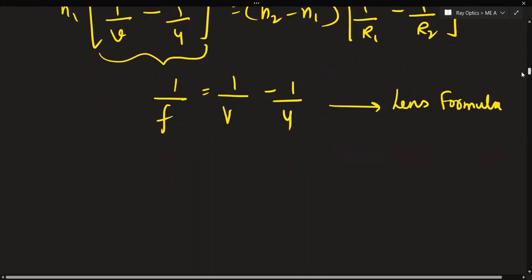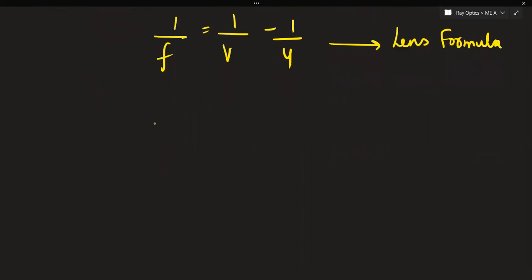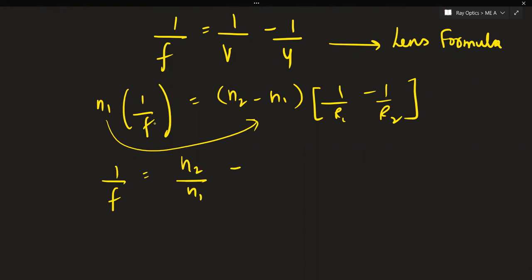So from this, we just understand and get a hint that yes, that part is 1 by f. It means n1, and here you have 1 by f. Then rest of the terms, n2 minus n1, 1 by R1 minus 1 by R2. Now we just have to bring this n along the refractive indices side. So that becomes n2 by n1 minus n1 by n1.